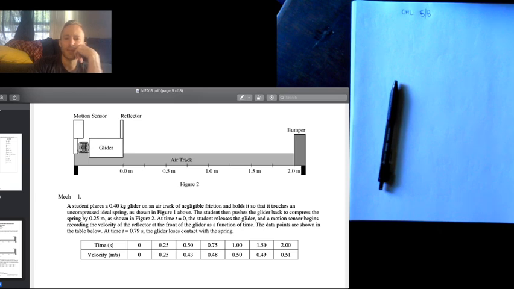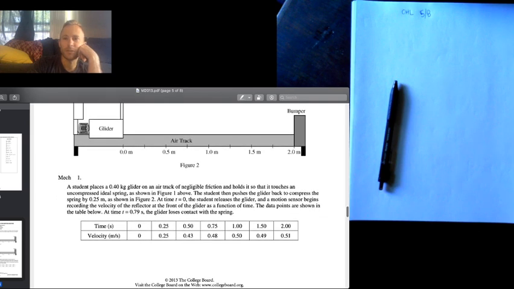At time t equals 0, the student releases the glider and a motion sensor begins recording the velocity of the reflector at the front of the glider as a function of time. The data points are shown in the table below. At time t equals 0.79 seconds, the glider loses contact with the spring.